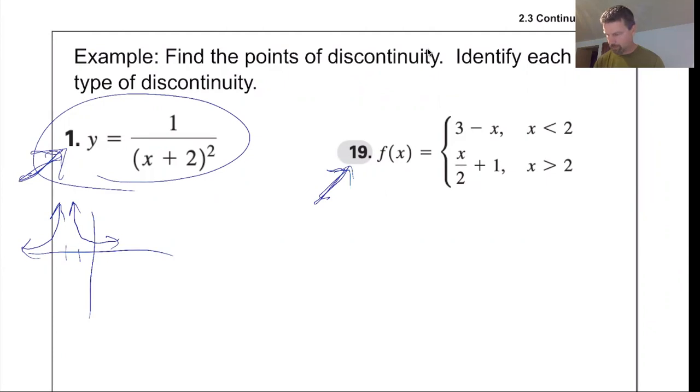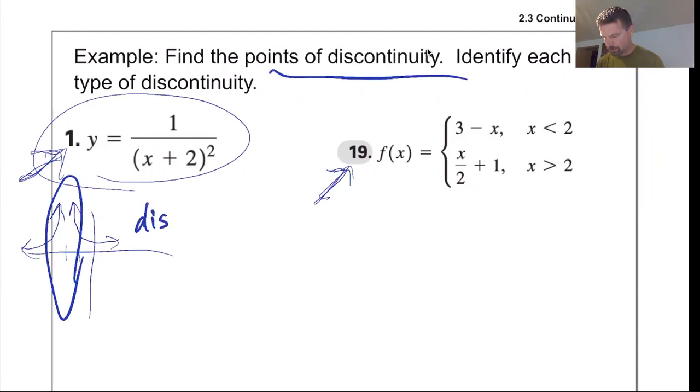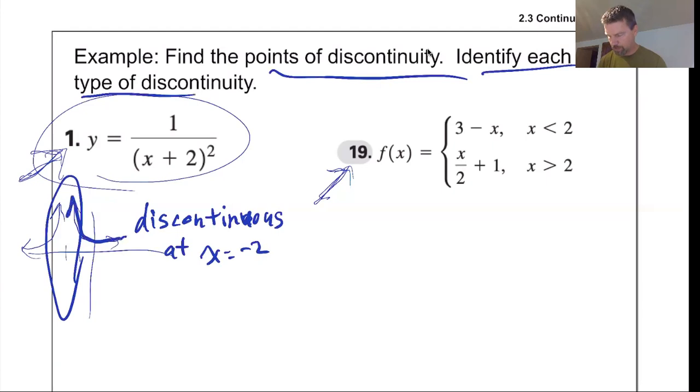Hold on, pen's not working. There you go, right here at -2. So I'd say to find the points of discontinuity, it's discontinuous at x equals -2. And then it says identify the type. Well, this one was going up towards infinity, so it's an infinite discontinuity.